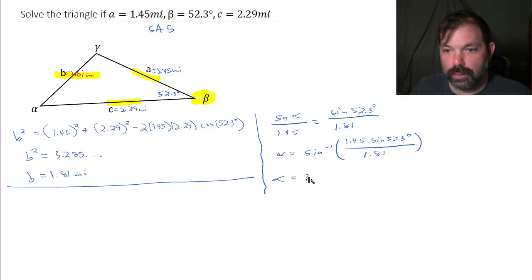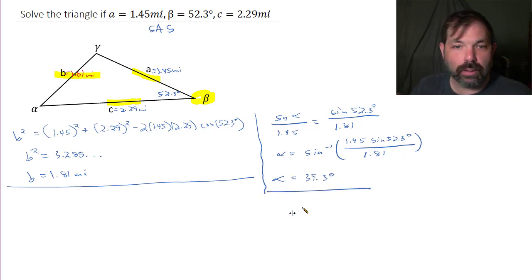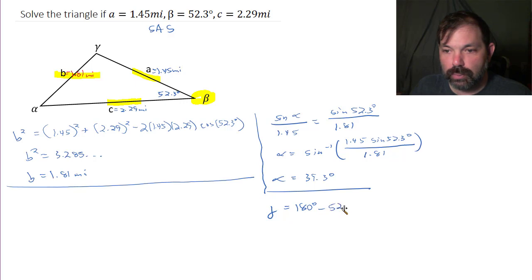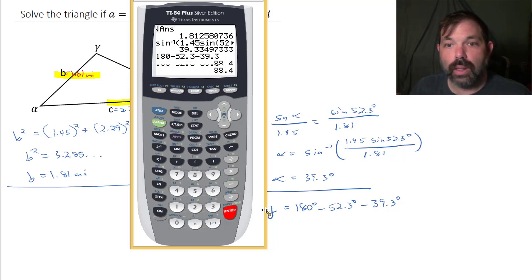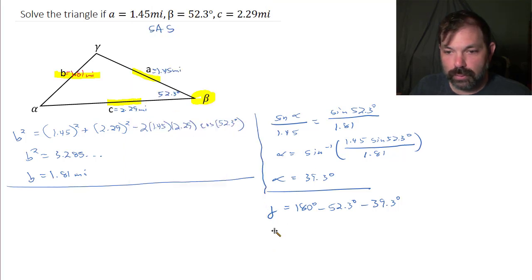Alpha is 39.3 degrees. And then once we know alpha, the remaining angle gamma is easy to find. Gamma would be 180 degrees minus 52.3 degrees minus 39.3 degrees. Gamma is 88.4 degrees.